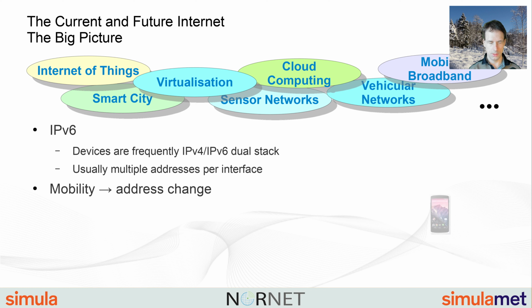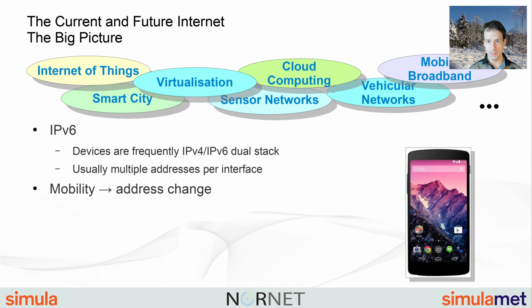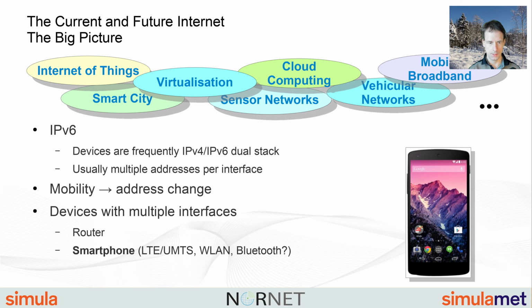And also nowadays quite common is mobility. So you have in your pocket quite obviously a smartphone which has at least Wi-Fi and 4G, 5G connectivity. So mobility is quite a common thing. Also having multiple interfaces. Classically this was of course routers, but particularly your smartphone is also a device which has multiple interfaces.